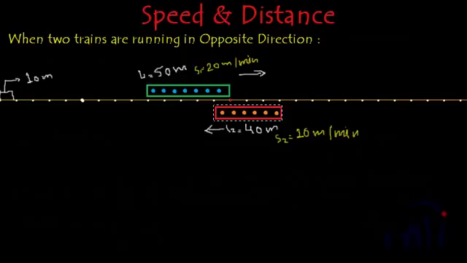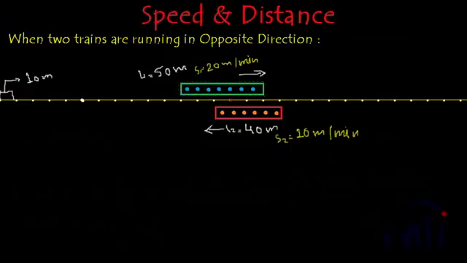And what will happen to the green train? The green train is also traveling and it is traveling at a speed of 20 meters per minute. That means in the next 1 minute it will travel a distance of 20 meters. That means the green train which is right now over here would have traveled a distance equal to 20 meters in that 1 minute and it will reach somewhere here, right?